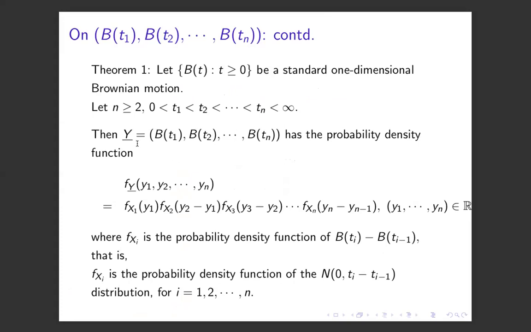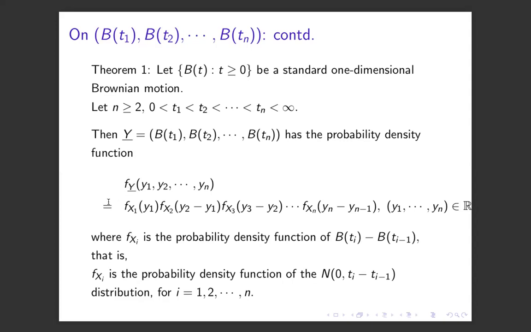Then for the random variable (Bt1, Bt2, ..., Btn), we had expressed its probability density function in terms of the one-dimensional probability density function of Bti minus Bti-1. And we know that Bti minus Bti-1 has the normal density with mean 0 and variance ti minus ti-1. So fi denotes that.